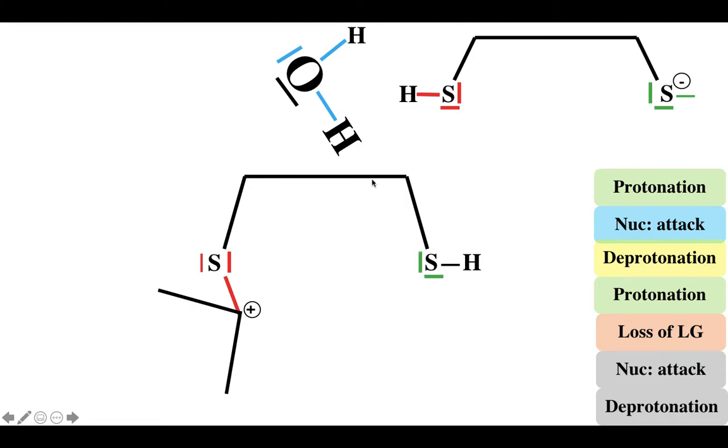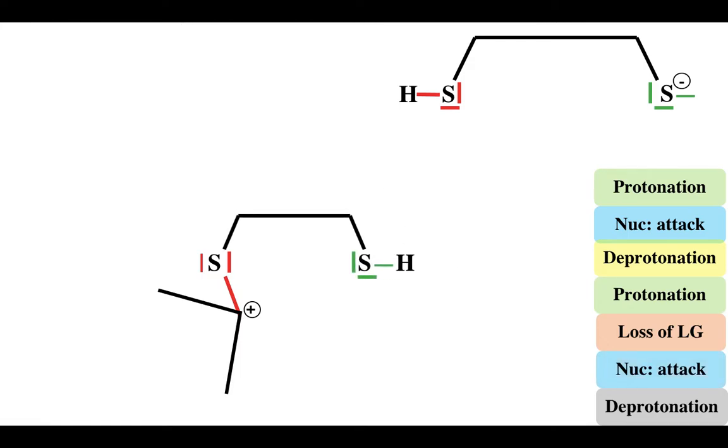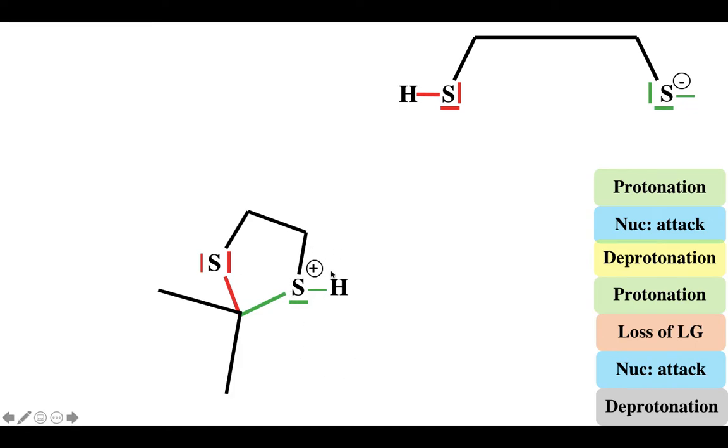But before that can happen, we know we need to distill our water. We need to remove it from our solution in order to favor the formation of the cyclic thioacetal. So once again, that lone pair is going to attack here, and that is going to give us, students, our cyclic thioacetal. Except it's still in its activated form.